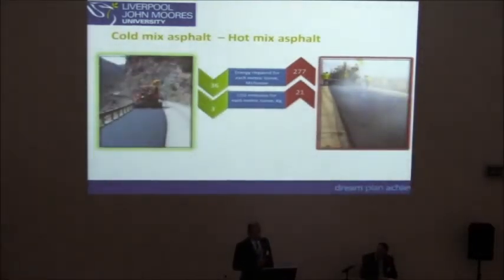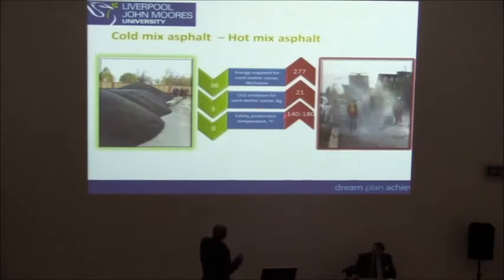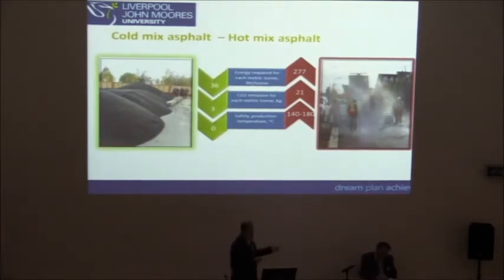In terms of CO2 emission, there will be about 21 kg per ton for the hot mix, while just 3 kg for the cold mix. In terms of safety and the temperature to produce the hot mix, you can see the temperature is from 140 to 180, and it depends on the viscosity of the bitumen, while our mixture is at ambient temperature, with no need for heating.